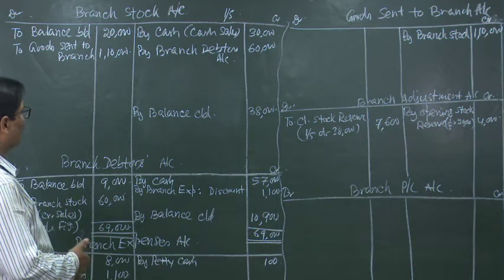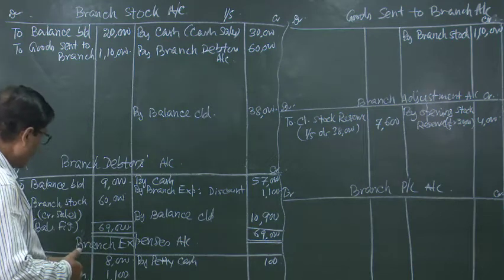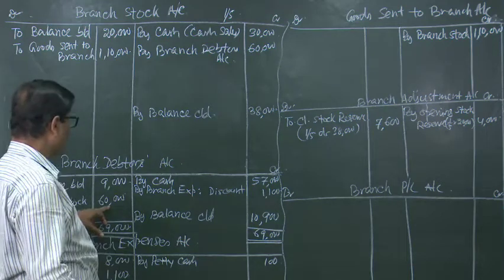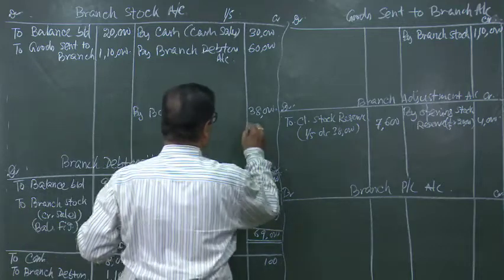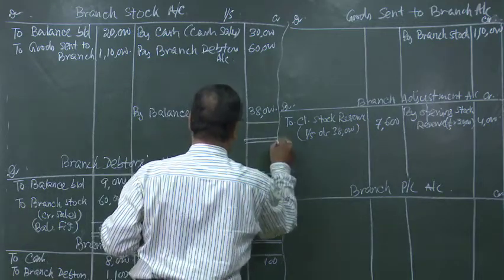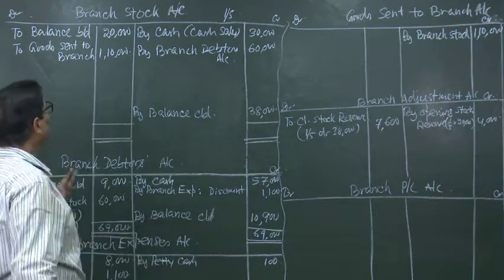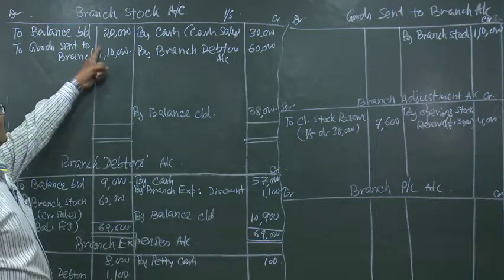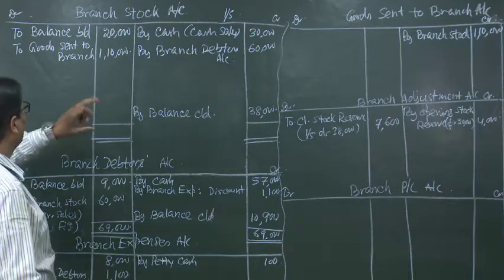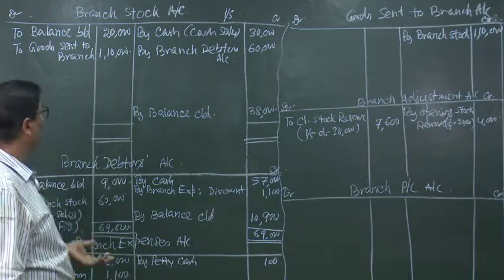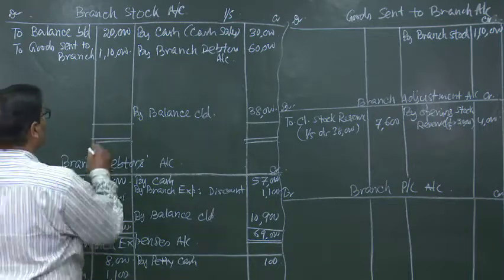Once you have done this one, branch debtors account is already closed, mind you. So, now let us close this account. If you imagine 20,000 rupees worth of goods were there, 1,10,000 has been supplied to them. So, 1,30,000 they should account for.